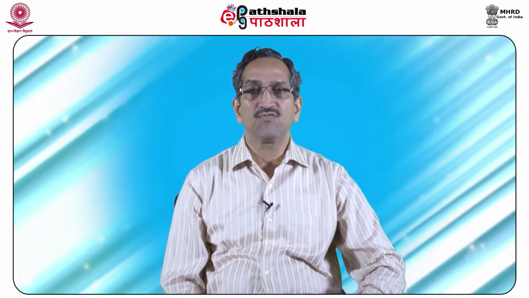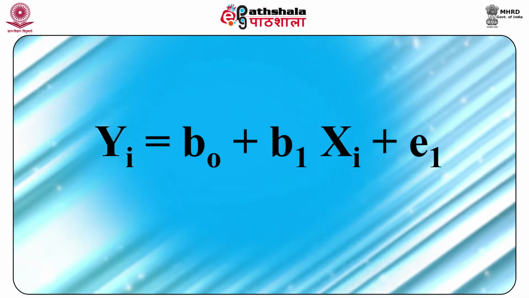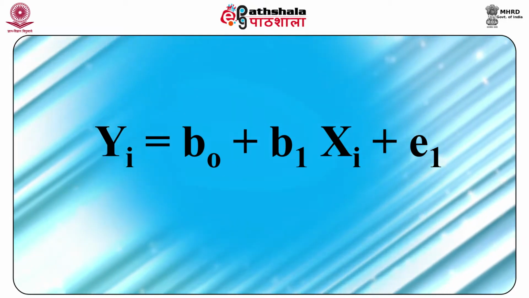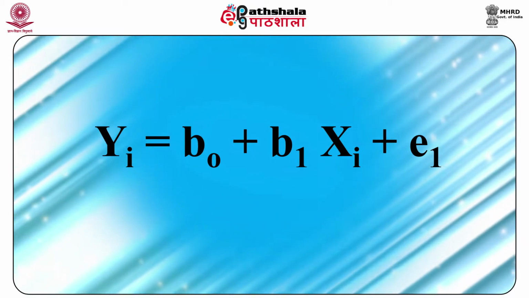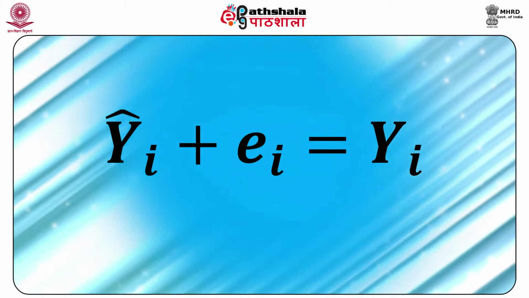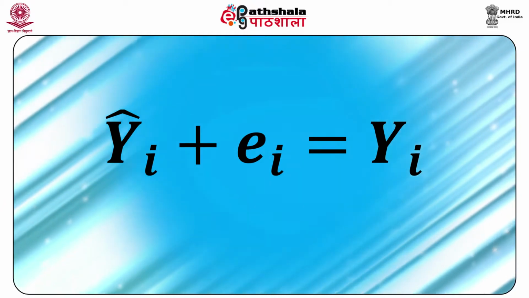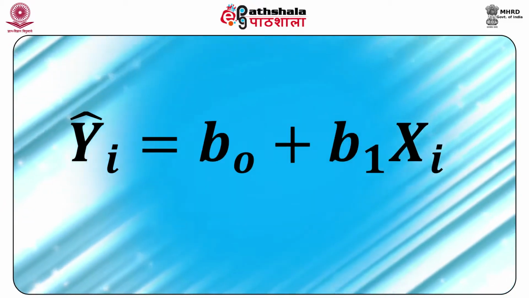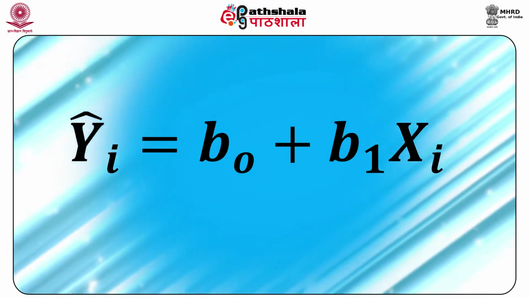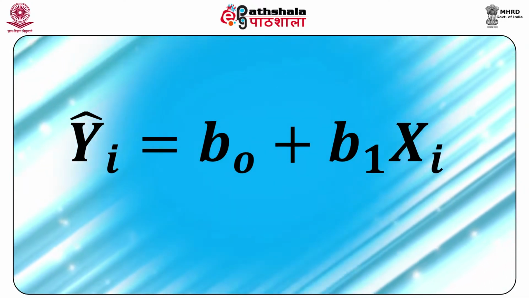The sample regression function in turn helps to predict the population regression function, and the SRF is distinguished from the population regression function and is written as yi is equal to b0 plus b1 xi plus ei, or yi hat plus ei is equal to yi, where yi hat is equal to b0 plus b1 xi.